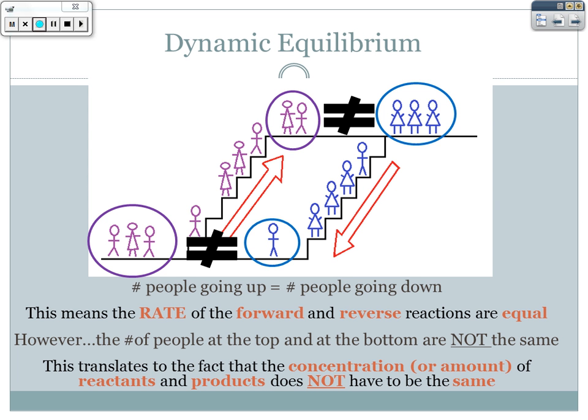The concentration or amount of product to reactant does not have to be equal for you to be at equilibrium. Equilibrium just means that the rates of both reactions are the same, not that the amounts are the same. This is a key point that we are going to be talking about tomorrow when we do our activity, to show you that just because the rate of the forward and reverse reactions are the same doesn't mean that you have the same amount of product and reactant.